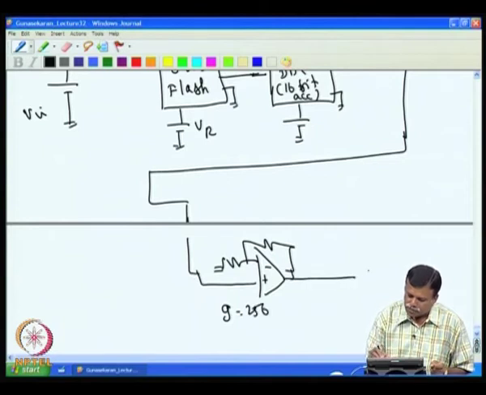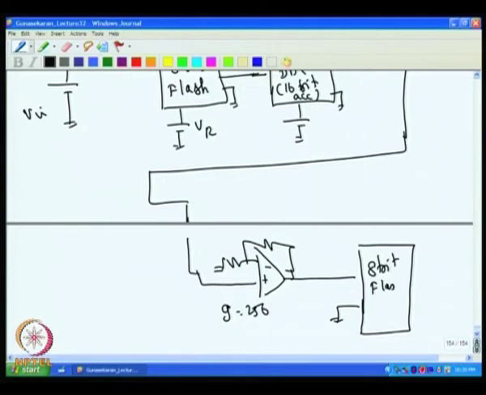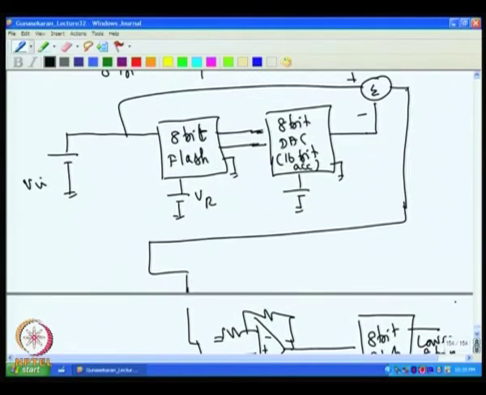Whatever output comes, I give it to an 8 bit flash, and this 8 bit will act as the lower 8 bits of the 16 bit converter. The first flash will act as the higher 8 bits of the 16 bit converter.